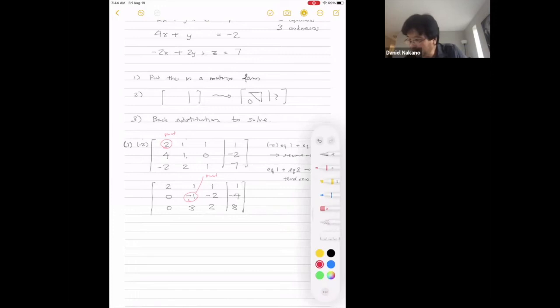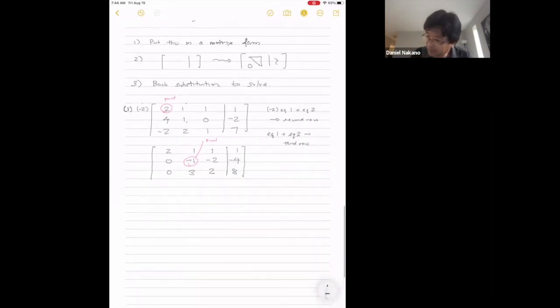Okay, so it's very, very nice and easy. I put the multiplier out here just to keep track in my mind what I'm doing. So I'll just write it out: 3 times equation 2 plus equation 3, and I'm going to put this in the third row. Okay. So now let's go down and do that.